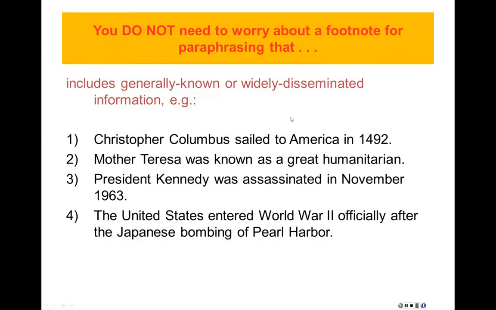Now, you don't need to worry about a note for paraphrasing things that are generally known or widely disseminated information. If you said Christopher Columbus sailed to America in 1492, you could find that in millions of books, and you might even know it off the top of your head. Or Mother Teresa was known as a great humanitarian. You probably know that off the top of your head.